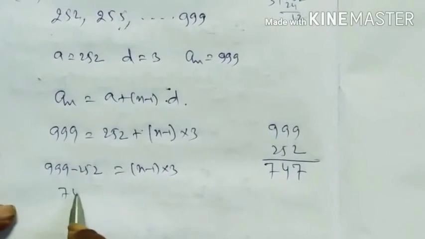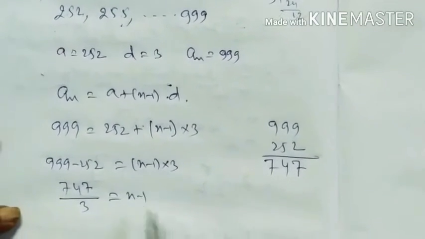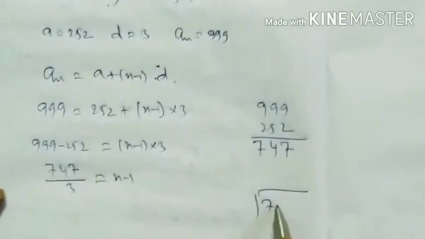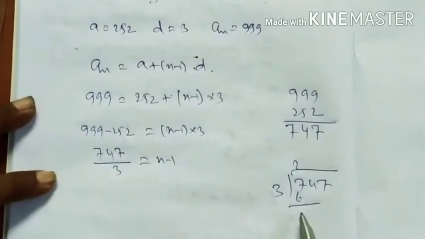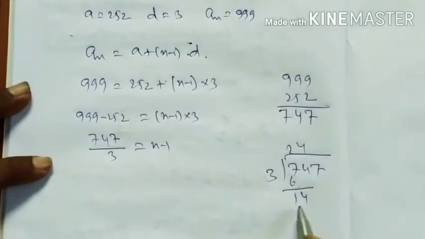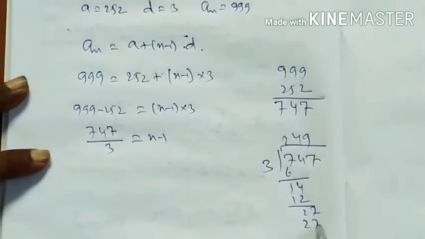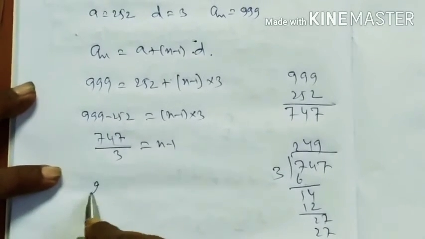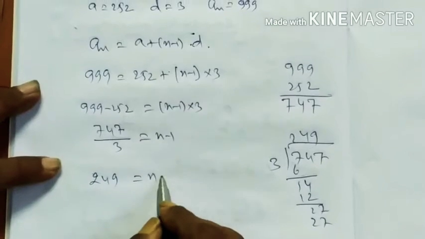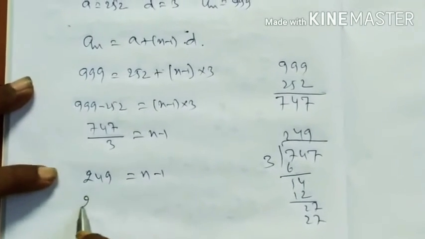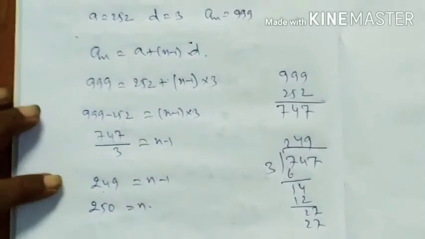So 747 divided by 3 is equal to n minus 1. 3 2s are 6, 3 4s are 12, 3 9s are 27. So 249 is equal to n minus 1. So 249 plus 1 is equal to n. n is 250.